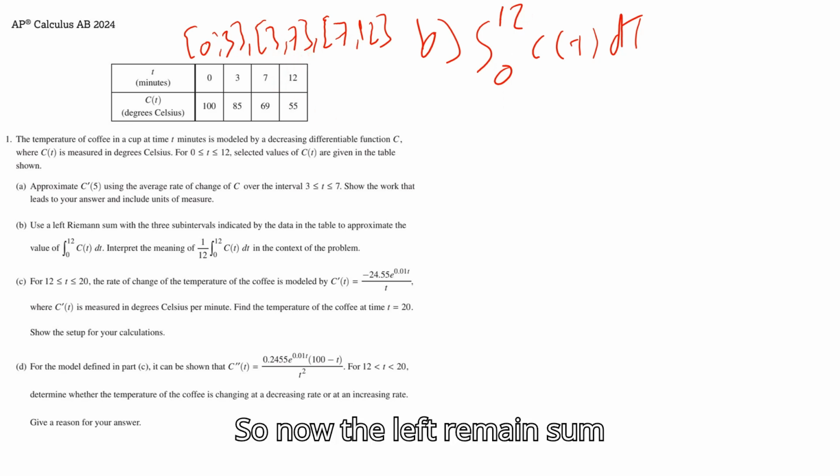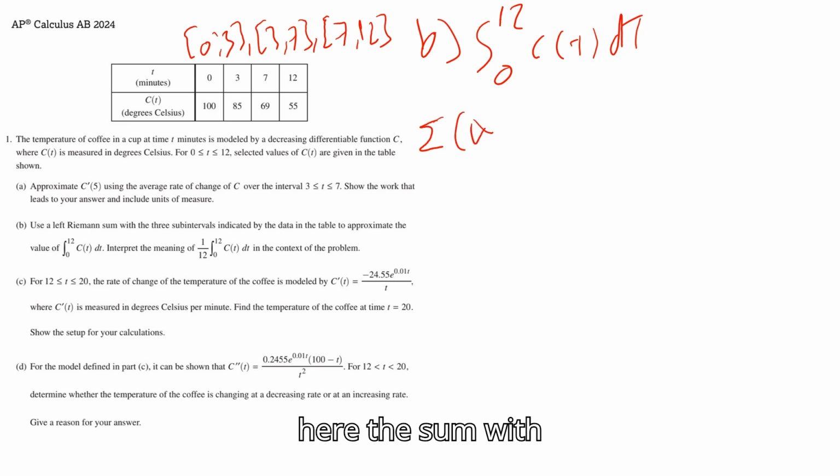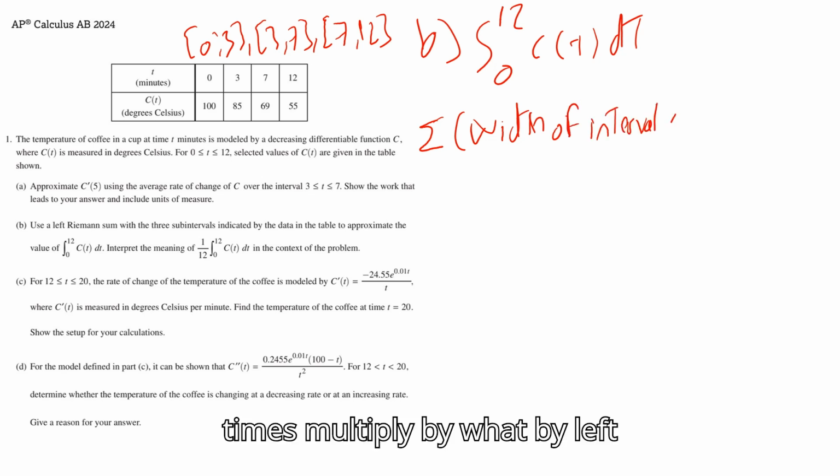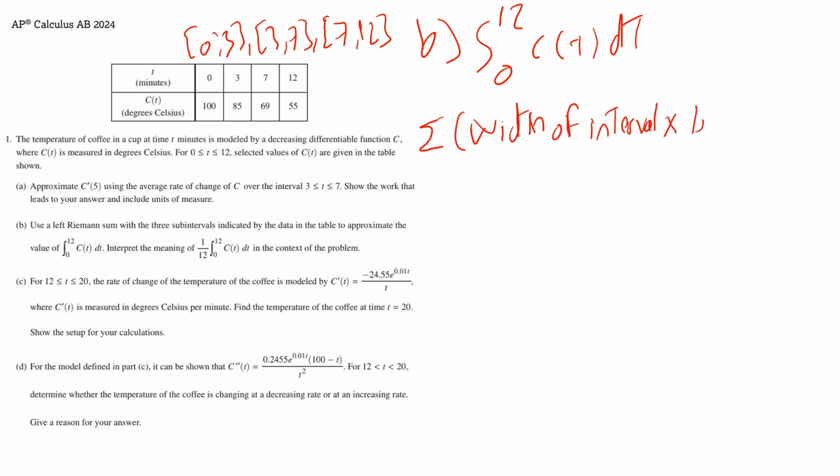Now, what is the left Riemann sum formula? It is the sum of the width of each interval multiplied by the left endpoint value.